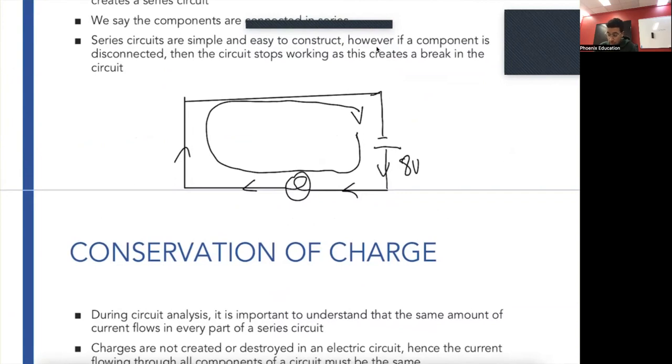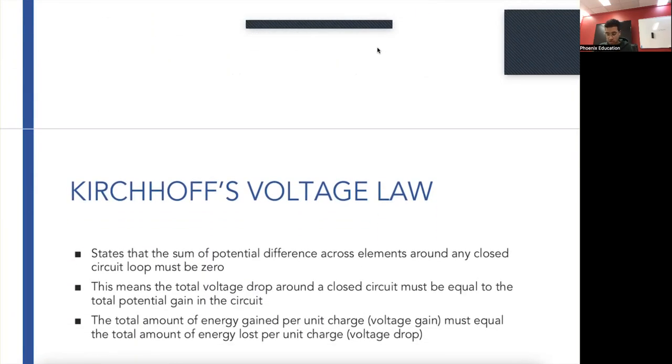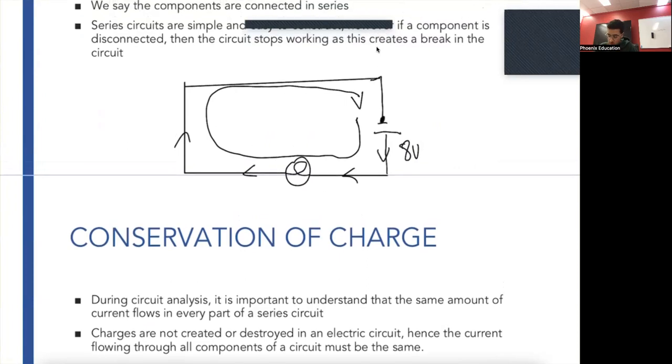So the amount of energy gained is equal to the amount of energy lost by the electron. This is another application of the law of conservation of energy. It states that the electrons must end up at a point of zero joules of energy once they reach the end of the battery. So if this is our electron over here, traveling throughout the wire, as they reach this light bulb, they'll have 8 volts of energy.